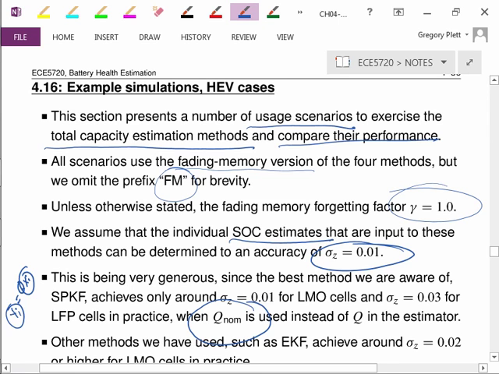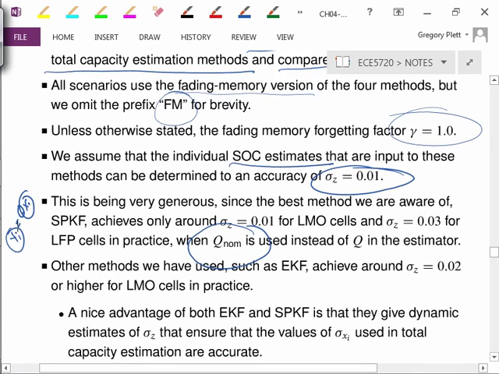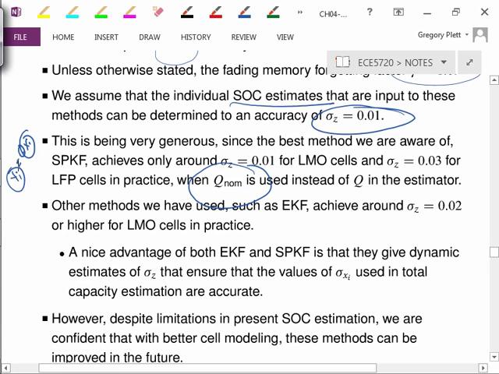So I can't use Coulomb counting for the SOC estimator. I have to use something else, and sigma point Kalman filter seems to give a pretty good match to this method. Other methods besides sigma point Kalman filtering, like extended Kalman filtering, might give SOC estimation error around 2%, say, and simpler methods would probably give you worse.